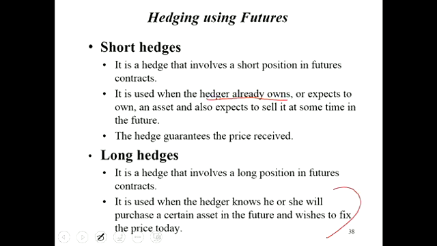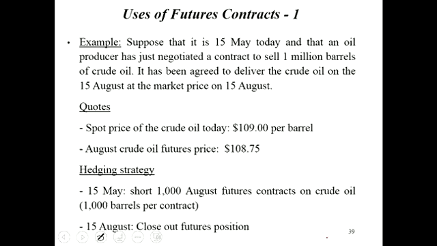Okay, so we'll give an example here. This is an oil future. We'll just show a little bit how this can work. At the end, we'll have a price in the spot market.